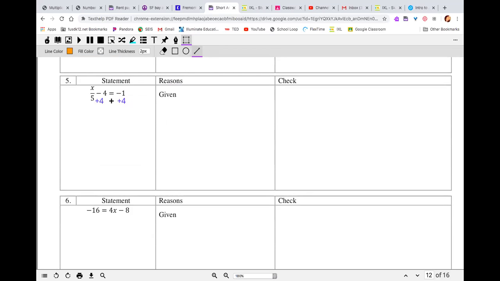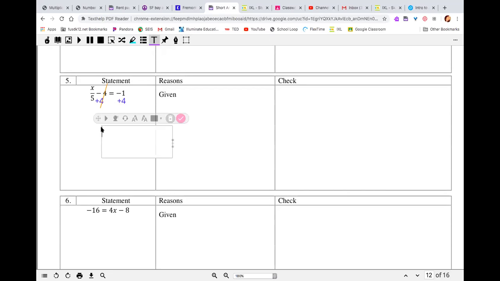All right, now what? What step comes next? I put 4s under here. -1 plus 4 equals 3. Oh, good. Okay, and these canceled out. All right. So I'm going to rewrite my problem here.